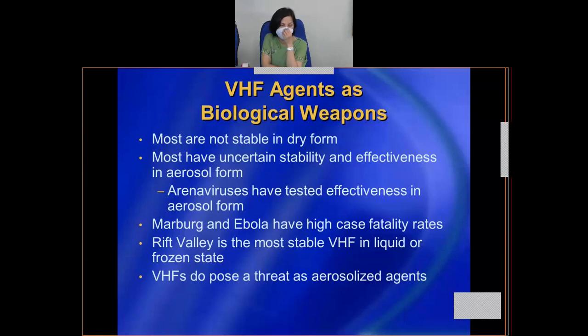Rift Valley fever doesn't have a very high mortality anyway, and it is more stable in liquid or frozen state. Nevertheless, we must be aware that these agents can be used as biological weapons.